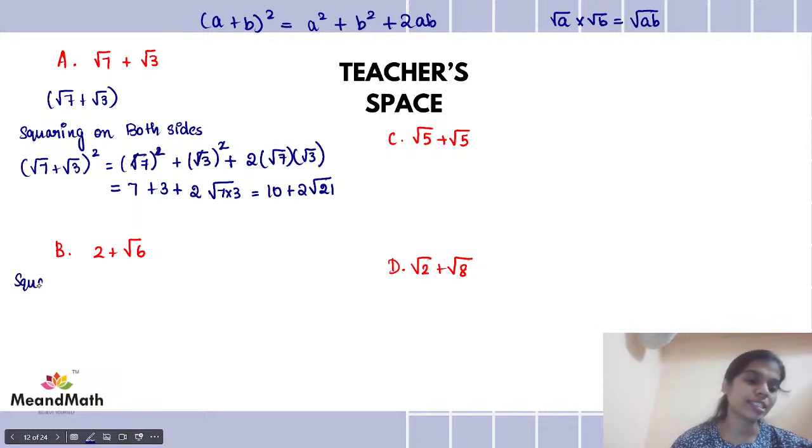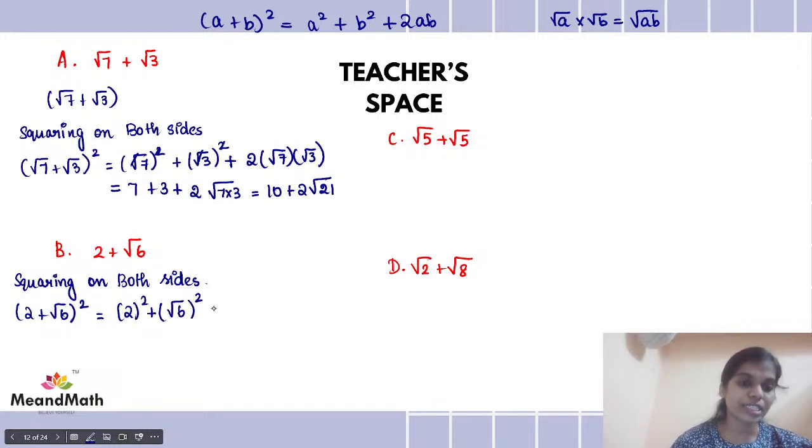Again squaring on both sides. 2 plus root 6 the whole square equals A square plus B square plus 2 into A into B. 4 plus 6 plus 4 root 6.